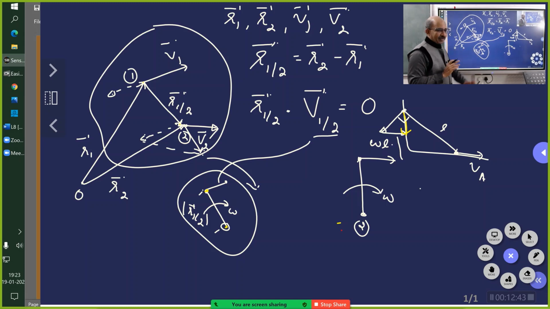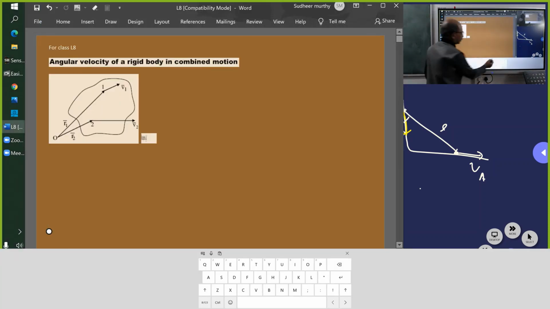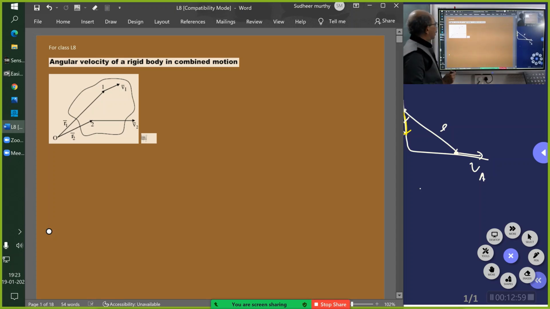That is the relation. This is a wonderful thing. This is what I said: you have knowledge, and you've got to bring out that knowledge in the right form and the right way. Anyways, these are all hard ways to learn. So this is the angular velocity of a rigid body in combination with this.